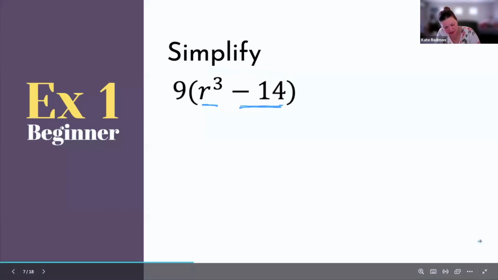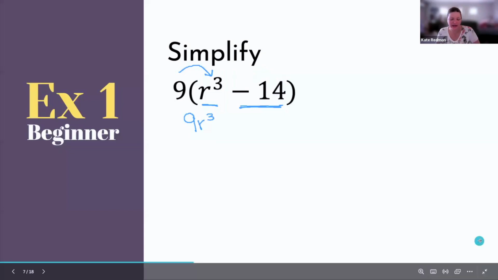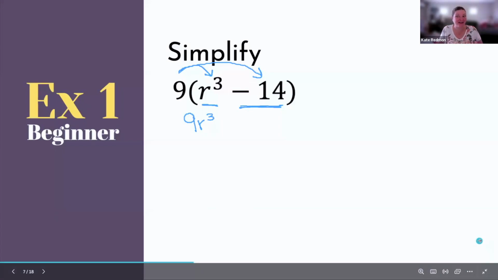First, we'll pass the 9 out to r cubed. And what is 9 times r cubed? 9r cubed. Exactly. You just shove the 9 up against the r cubed to say, hey, they're multiplying. Now, as you multiply, I want you to read that as negative 14. Not because it's not minus 14, just because your calculator doesn't know that minusing 14 is the same as negative 14.